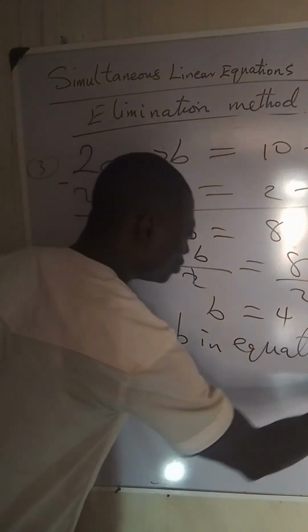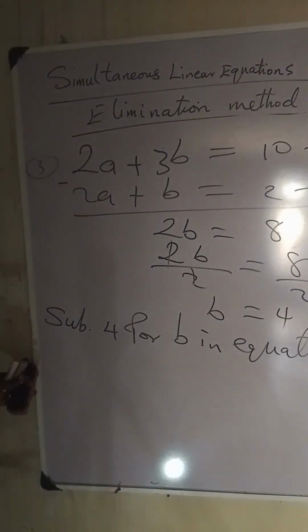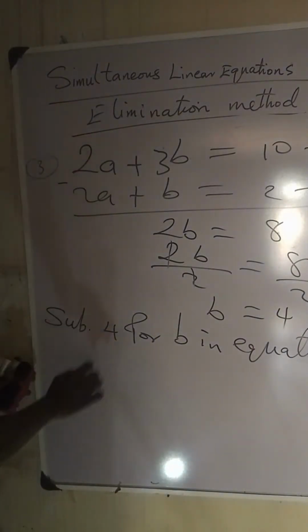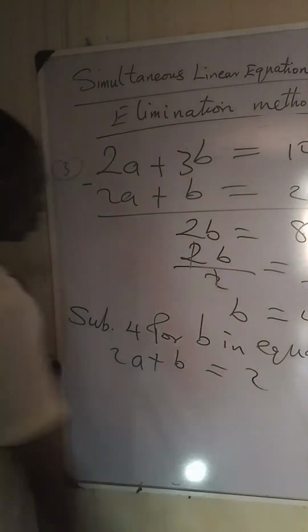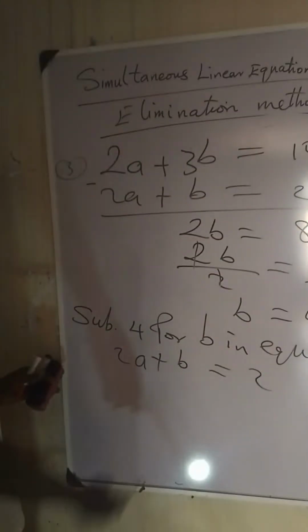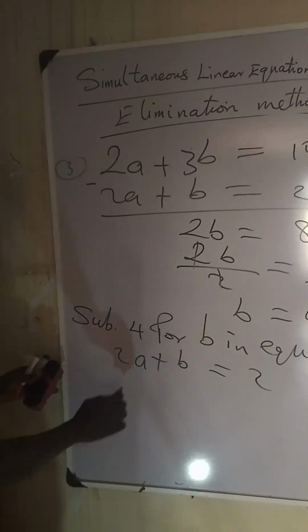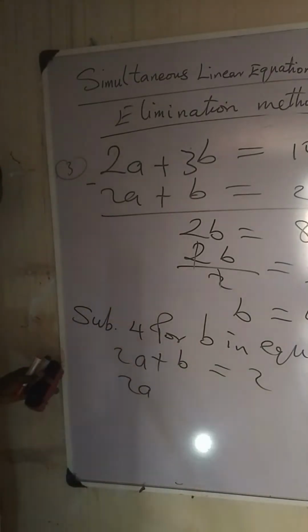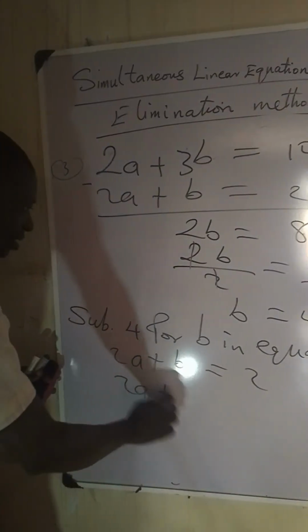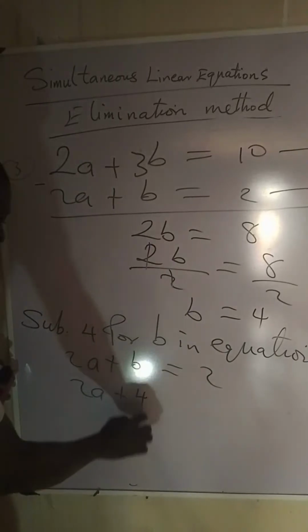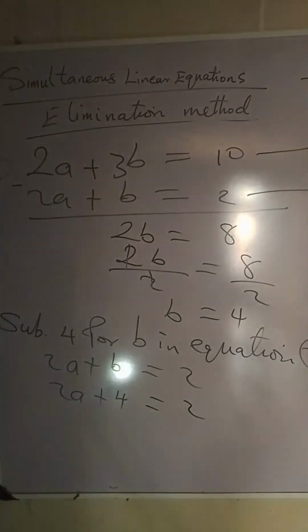This time around, let us choose equation 2. Remember, you can choose any of them. And then we have 2a plus b is equal to 2. We have seen b where b is here. So 2a will still remain 2a, plus, remember our b is 4, plus 4 is equal to 2.